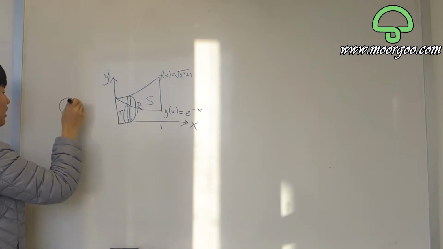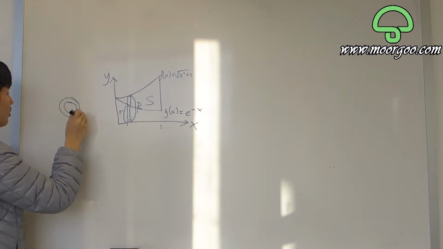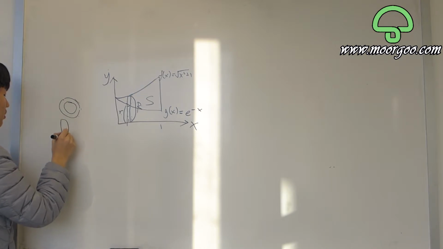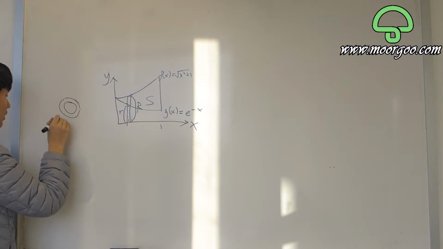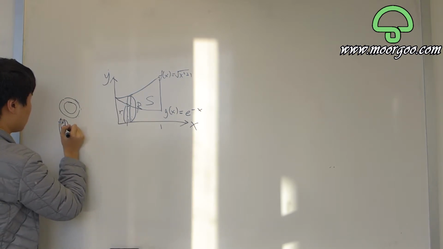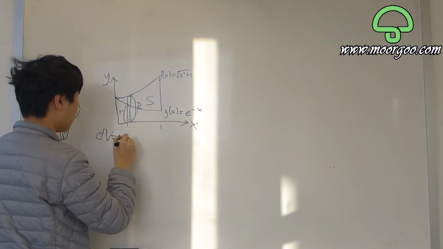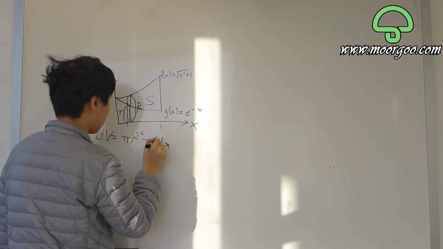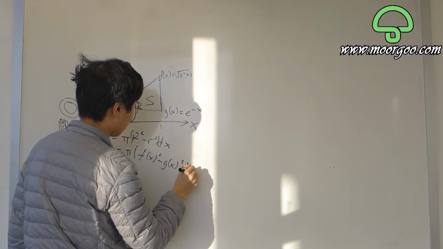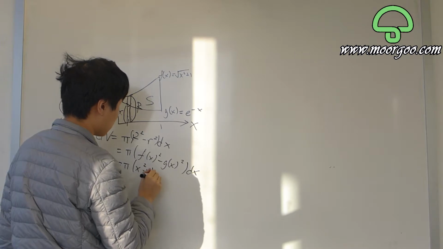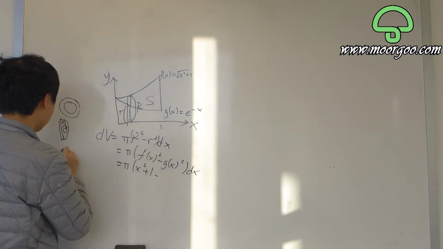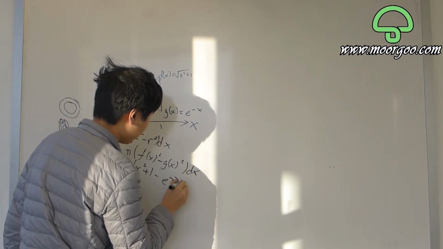because imagine this is a disk, and we punch a hole into it. dV is equal to... what is this? e to the negative x squared is e to the negative 2x, dx.